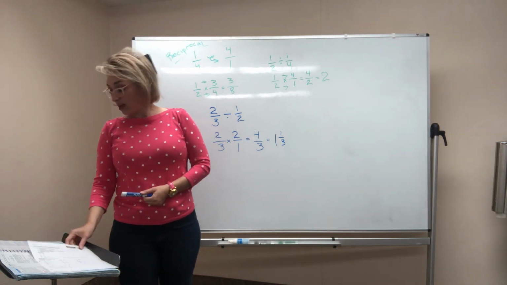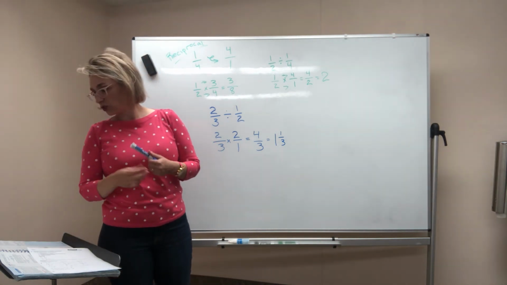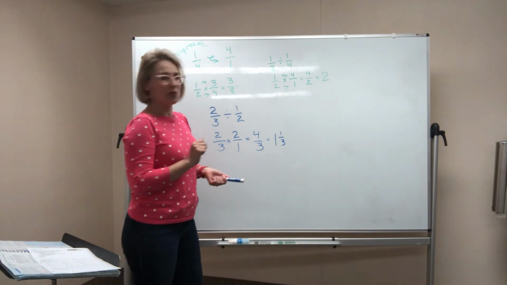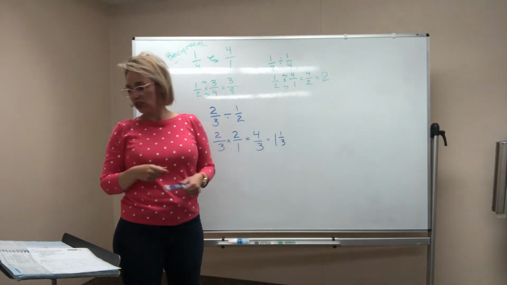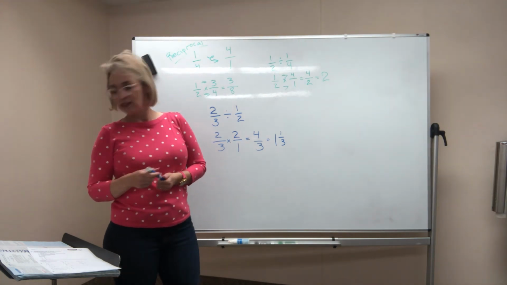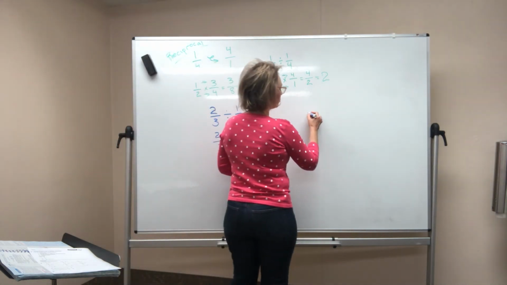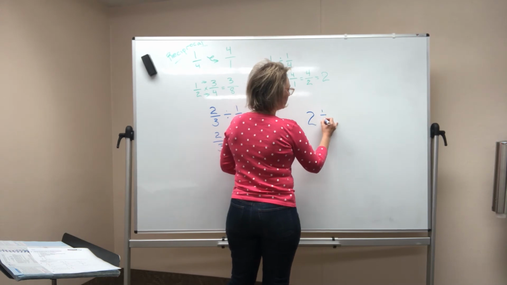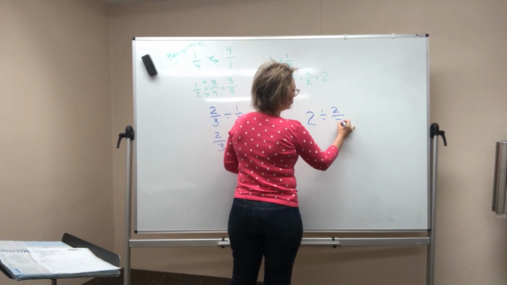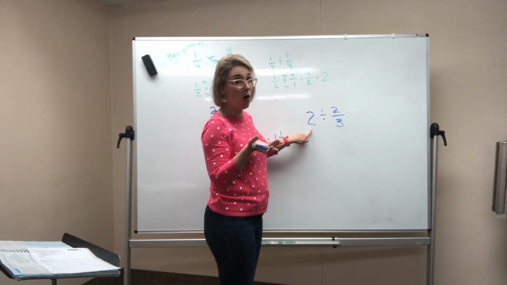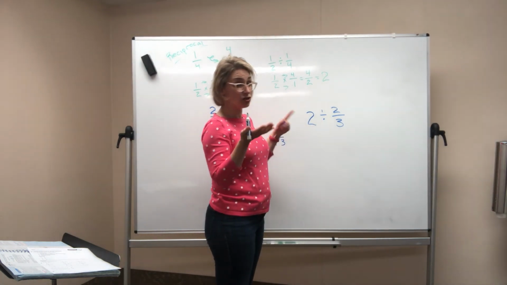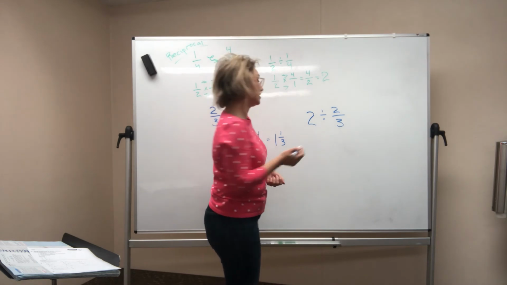Okay. Example 2, that's on page 629, shows us what we do if we have a whole number. And I think you're going to know how to do this because of the lessons you did last week. It says 2 divided by 2/3. All you have to do is remember that a whole number, to make it a fraction, you just put it over 1 as the denominator.